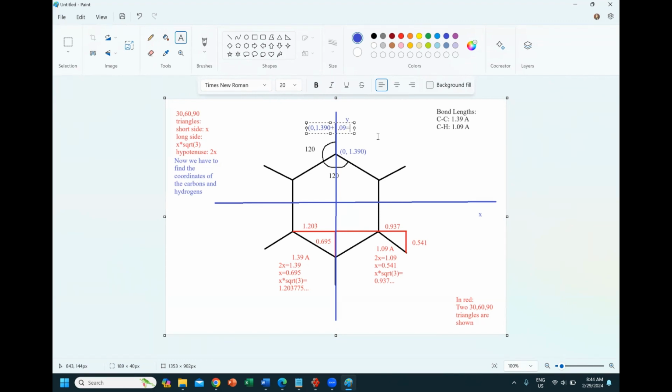Oh, I remember. The height is just 2 times x because that's the short base, and you have like 2 triangles essentially with that base on this line, and that's why it's just equal to the bond length. That's not necessarily true for all shapes. I just did it here because I was smart enough to figure that out last night when I did this problem, and I kind of forgot about it now. But now you know.